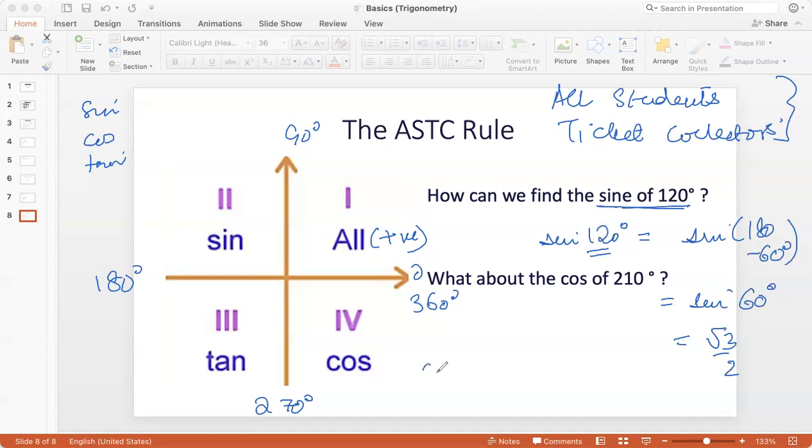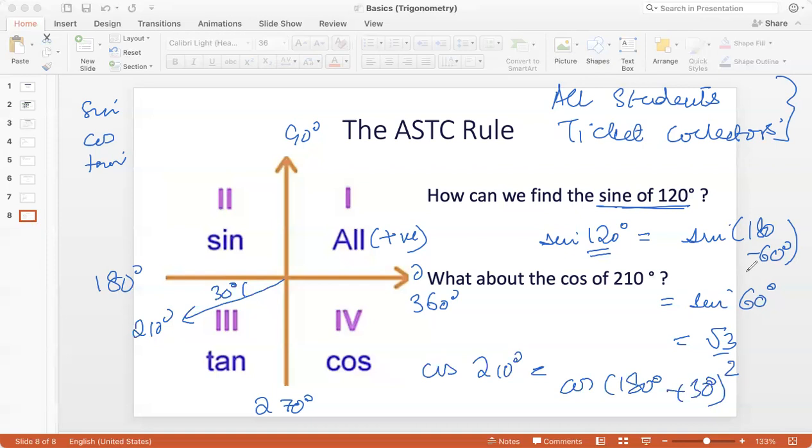Okay, what about the cos of 210? This would be the cos of 180 plus 30 degrees, right? Because 210 is here somewhere, 210. So this angle is 30 degrees. So adding with 180 or subtracting from 180 as we did for sine 120 will give us the same values, except that we will have to check for the sign. Now, in the third quadrant, cos is negative.